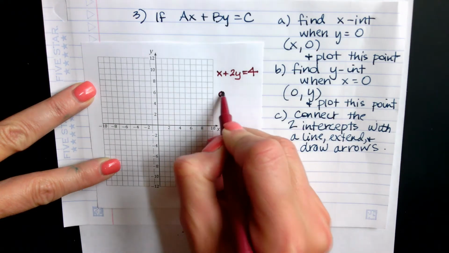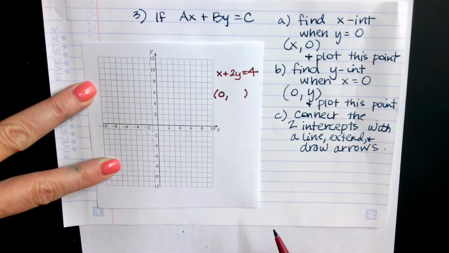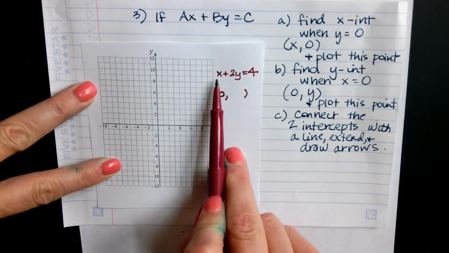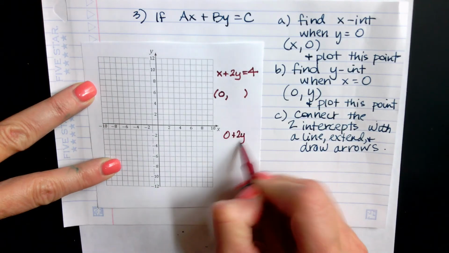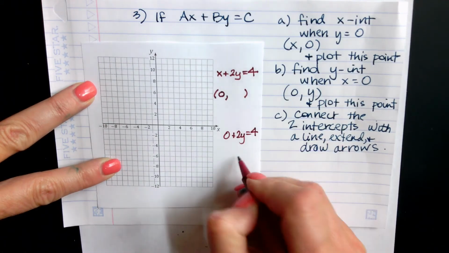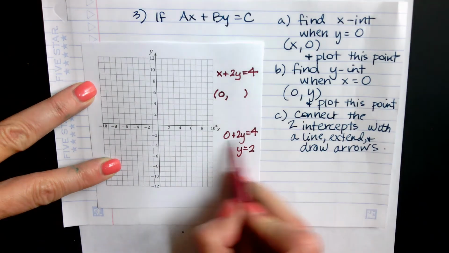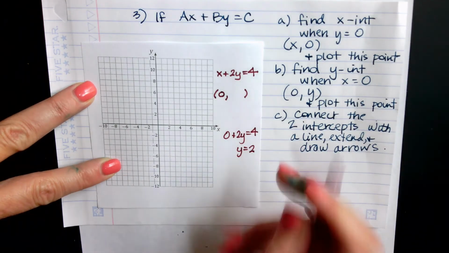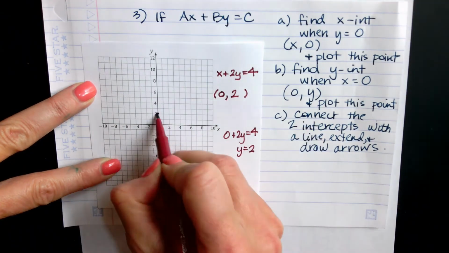If you substitute 0 for x, that will give you the y-intercept. So if x is 0, 0 plus 2 times y equals 4. Y is going to have to be 2 in order to make this equation true. So we just found the y-intercept, and we can plot that point.